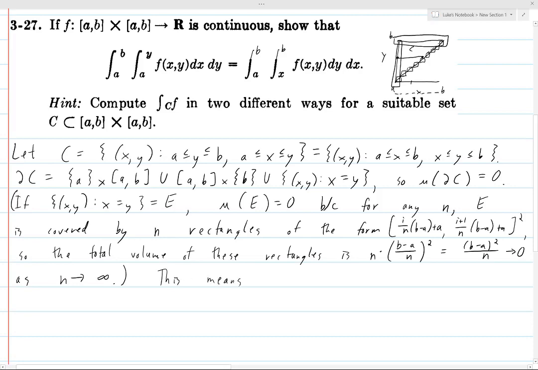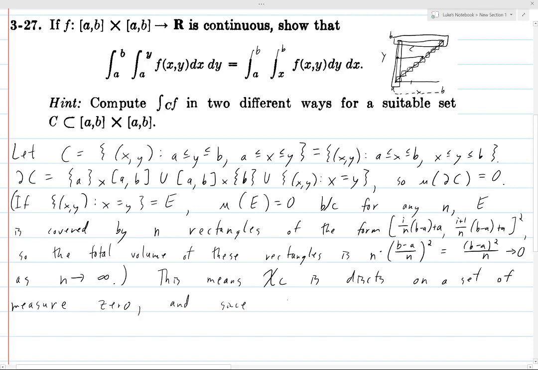This means that the indicator function, let's see here, this function is discontinuous on a set of measure 0, namely the boundary of C.